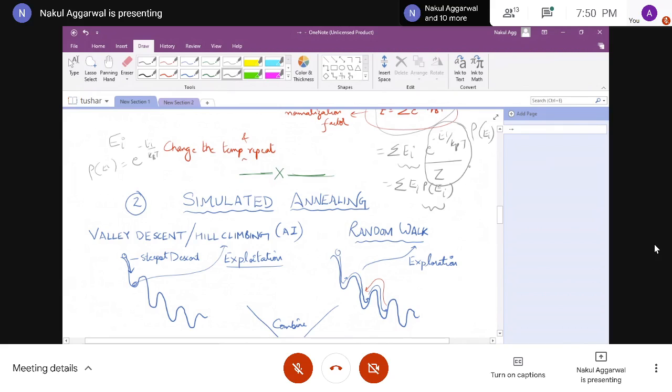But forget about that, it's basically a normalization constant. So just think of this as some C times exponential of minus Ei by kBT. Why do we need this normalization constant? Because we need to make sure the probability remains between 0 and 1. Otherwise, obviously, this factor, depending on kBT, can be greater than 1. So that is what this 1 by Z is doing.